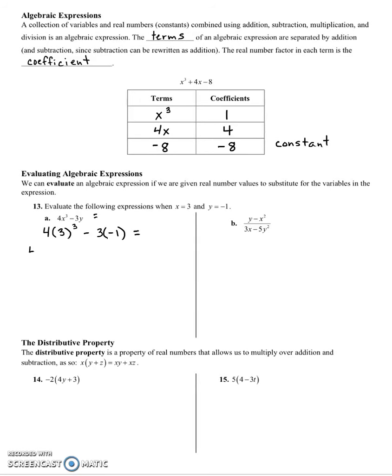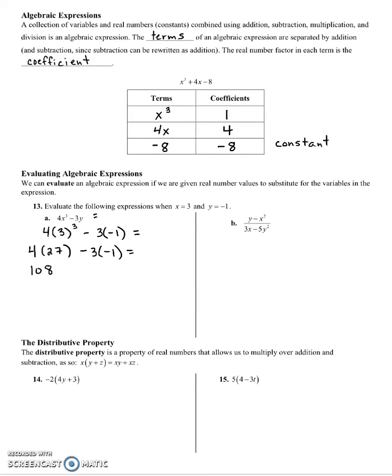So we have exponents first, so 3 cubed is 27, minus a 3 times a negative 1. Now we're down to multiplication and division. So 4 times 27 is 108.